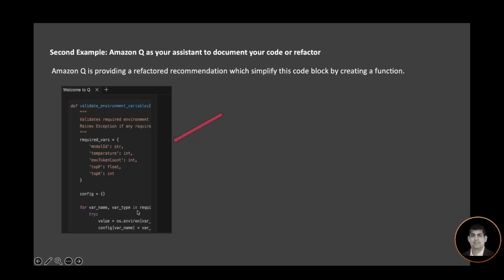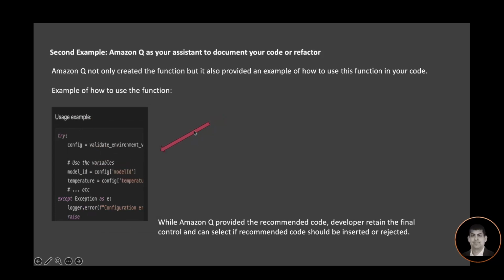And it's not only giving me the refactored code, but it's also giving me an example of how to use this in my code. So here you will see it saying, use it this way basically, right? So an important point to note here is that while Amazon Q provided the recommended code, it's not automatically replacing my code with the generated code.